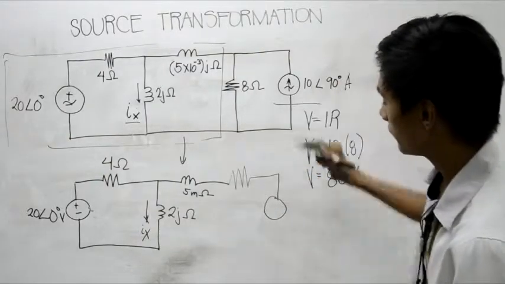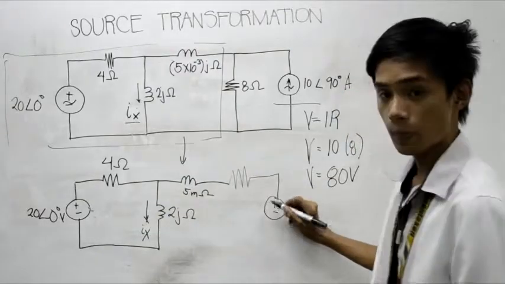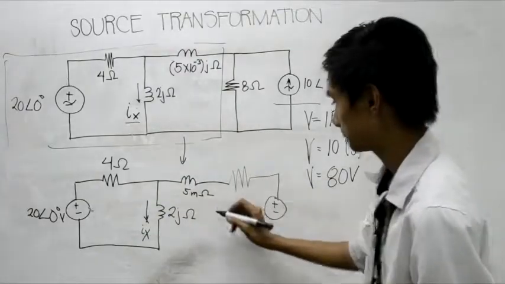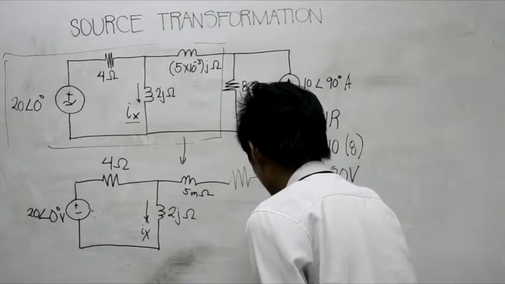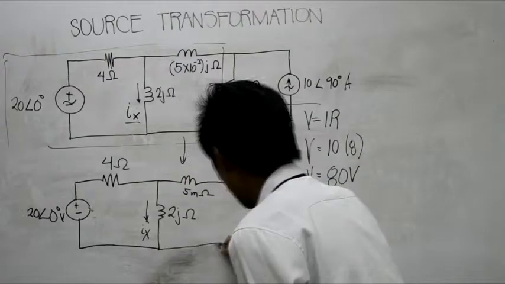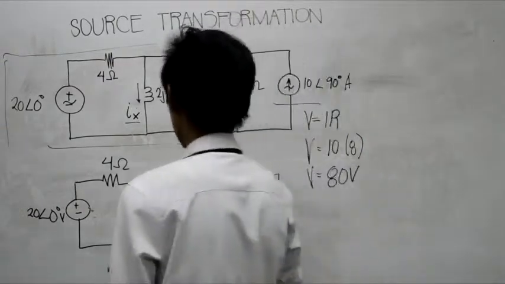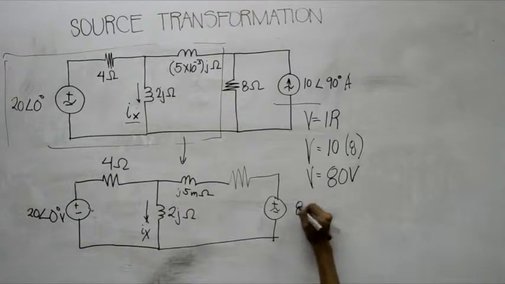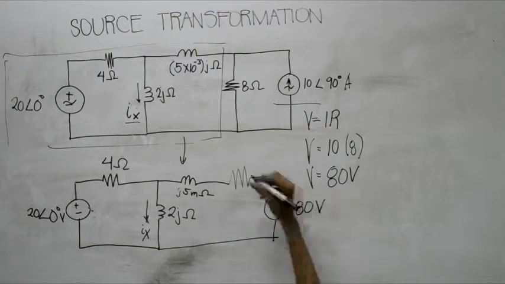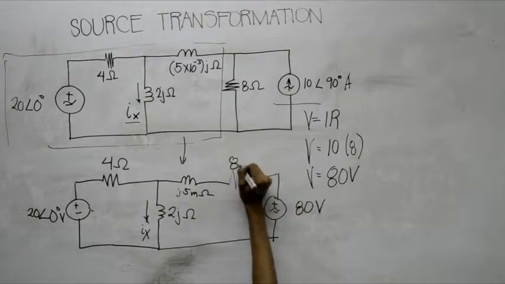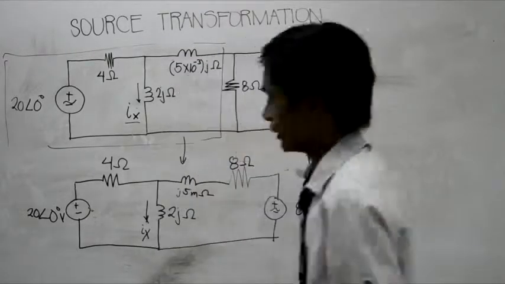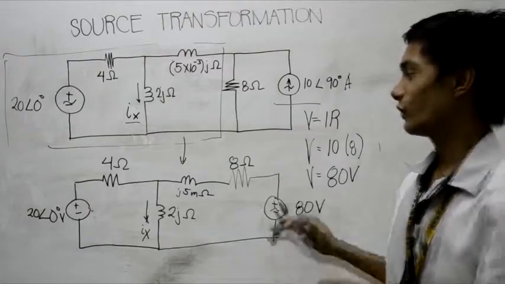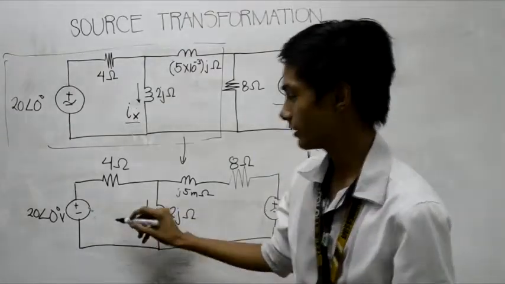And the current source will be a voltage source now. So we have here 80 volts, and then 8 ohms.